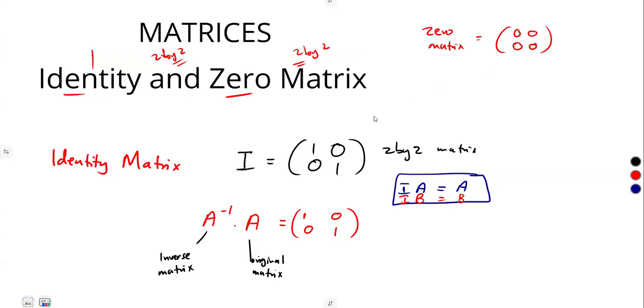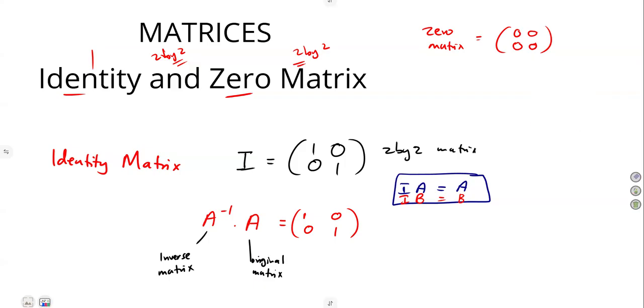So its effect in numbers is just like using a zero. If you multiply any number by zero, you obtain a zero. So when a zero matrix is used in multiplication, the answer is going to be a zero matrix. Take note, I said in multiplication. In addition and subtraction, we know that 0 plus any number, you obtain that number.